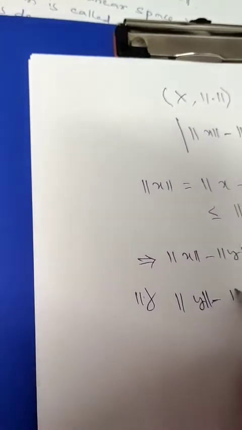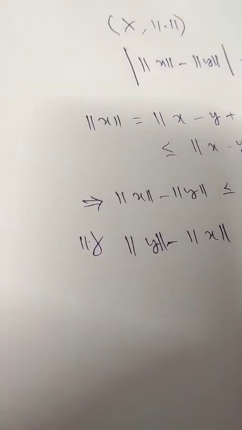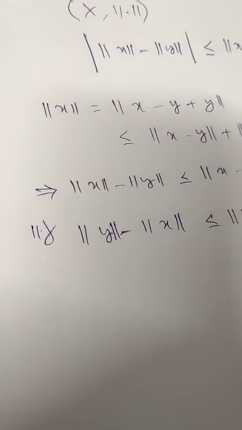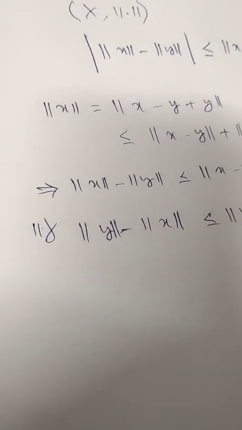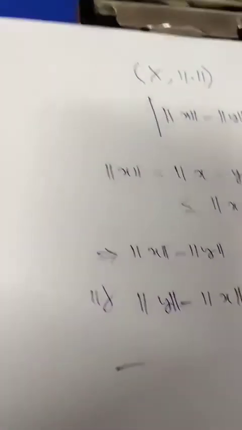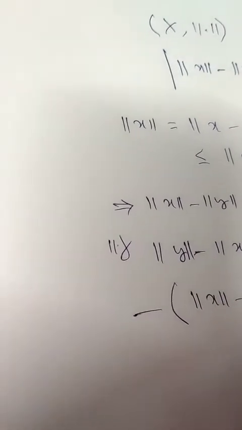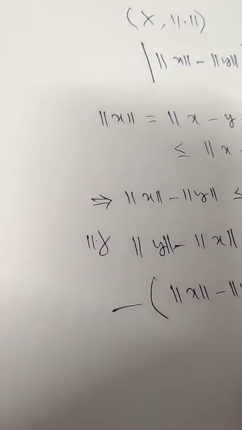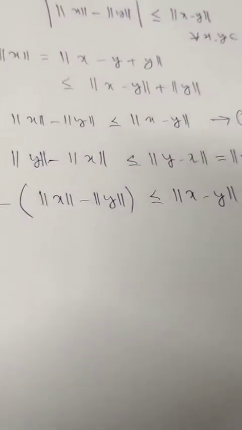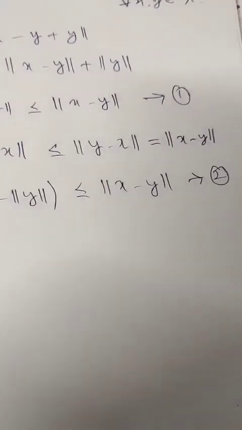Norm of y minus norm of x is less than or equal to norm of y minus x, but norm of y minus x is the same as norm of x minus y. So here I can write negative of norm of x minus norm of y is less than or equal to norm of x minus y.